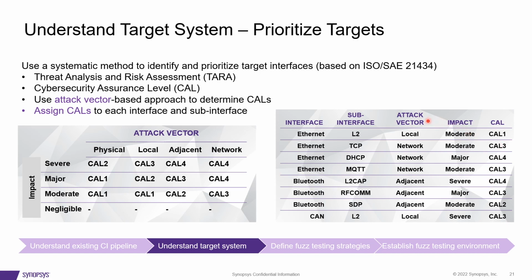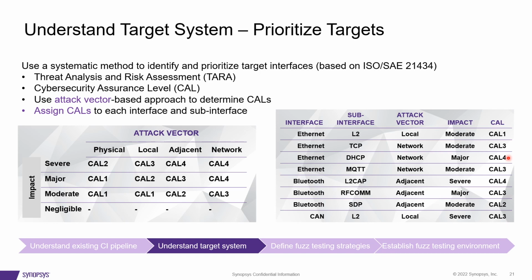So using the attack vector and the impact, let's take a look at DHCP. We see that the attack vector is network, and impact is major. We can go to our table on the left-hand side. We see network attack vector, and impact is major. Then we have CAL 4. So we can assign CAL 4 to DHCP.